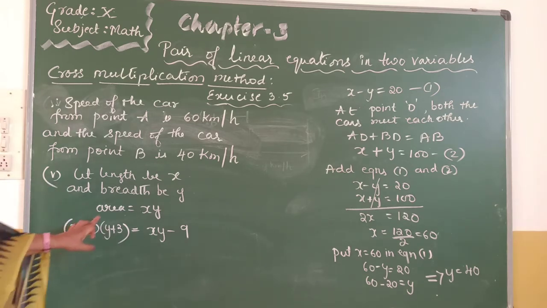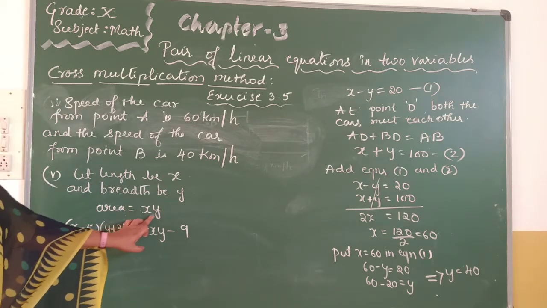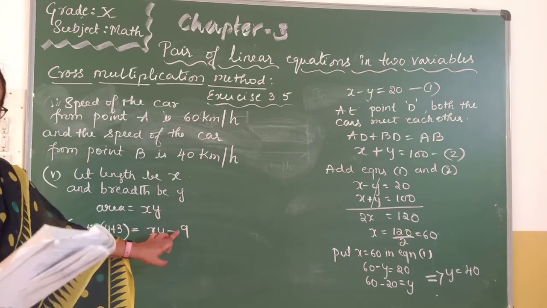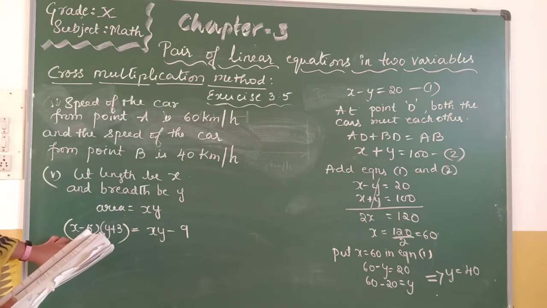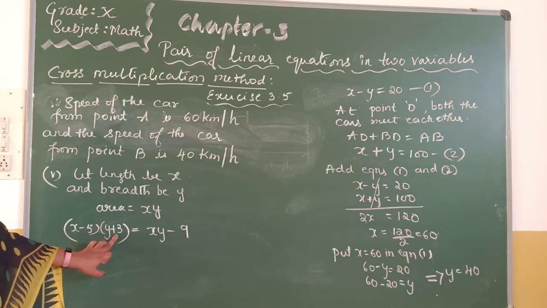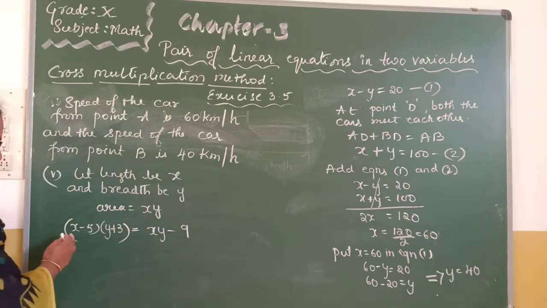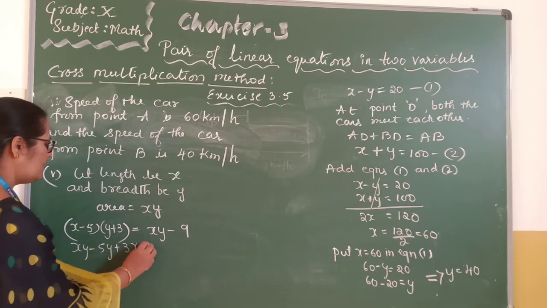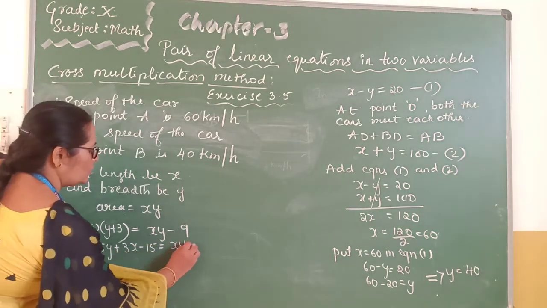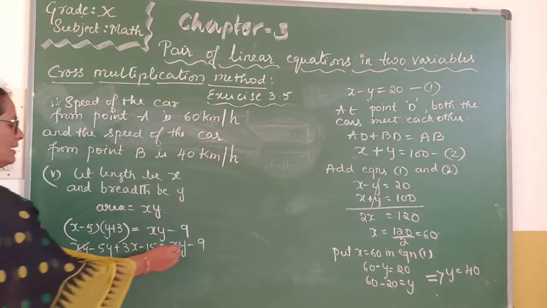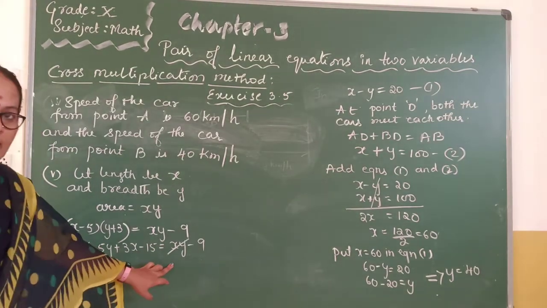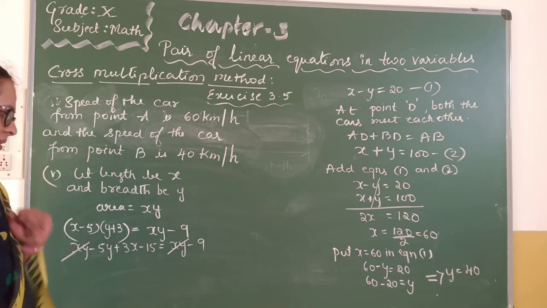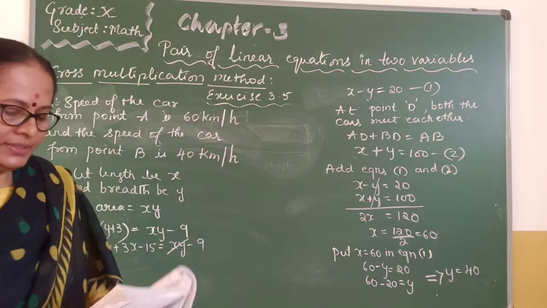Now multiply: xy minus 5y plus 3x minus 15 equals xy minus 9. The xy cancels. You will get a linear equation 1. Then the second equation, same like this.